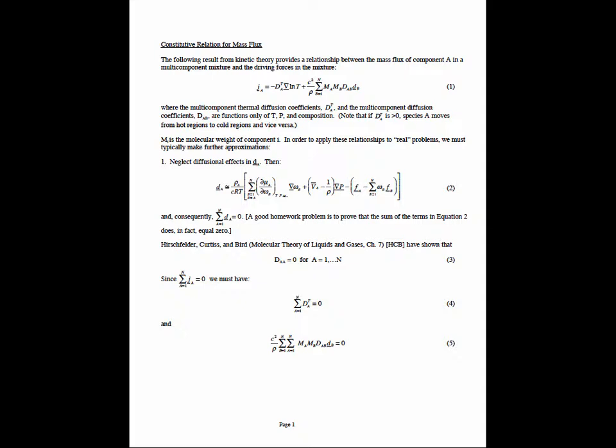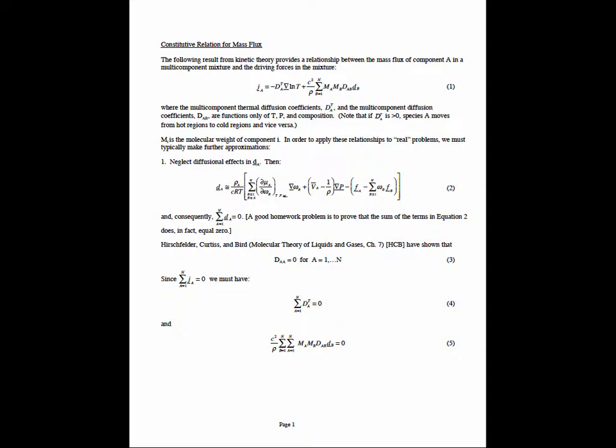And unlike the diffusion coefficients that we normally see in Fickian diffusion, these thermal diffusion coefficients can be either positive or negative. There are situations where if you heat a mixture up, it will cause one component to migrate in the direction of increasing temperature. The other components will migrate in the direction of decreasing temperature. And so these thermal diffusion coefficients as a result can be positive or negative.